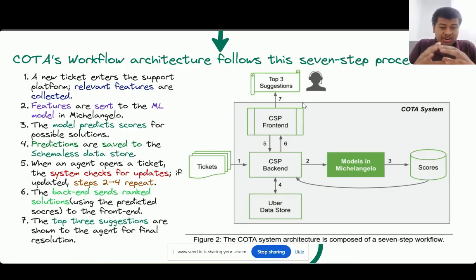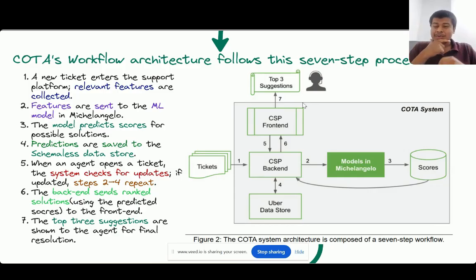So all of these are different ticket issue types. There are 100 issue types in Uber's real-life platform, and the solution documents that are there to address these different issues number in the thousands.